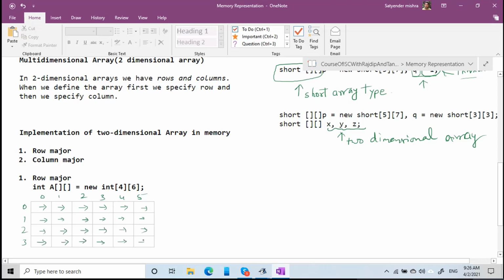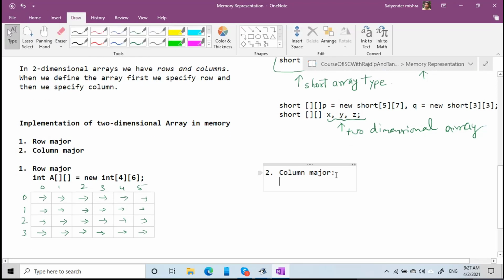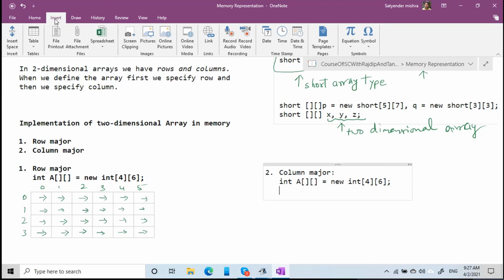Now let's talk about column major. For example, we declare the same array. What we do here, we declare the integer array a equal to new integer. What we can do here, we can insert a table here, right?